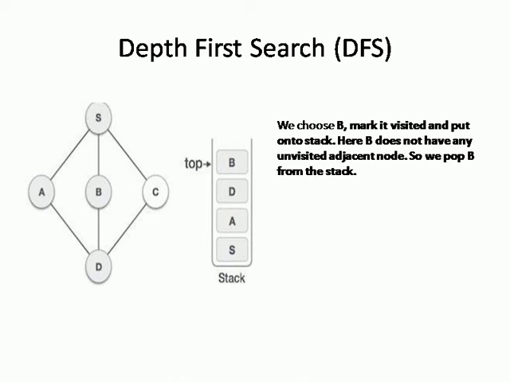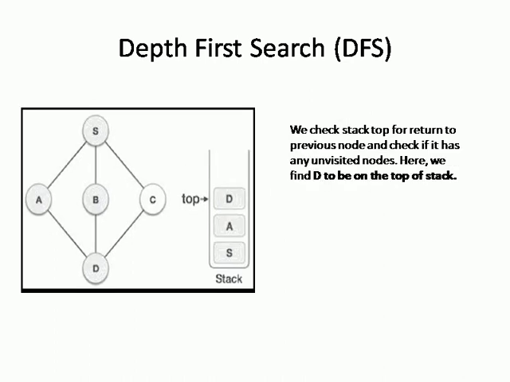So the contents of the stack are as shown in the figure: S, then A, then D and B. Here B doesn't have any unvisited adjacent nodes, so we pop the node B from the stack. Once we pop B, the stack has 3 vertices now: S, A and D.